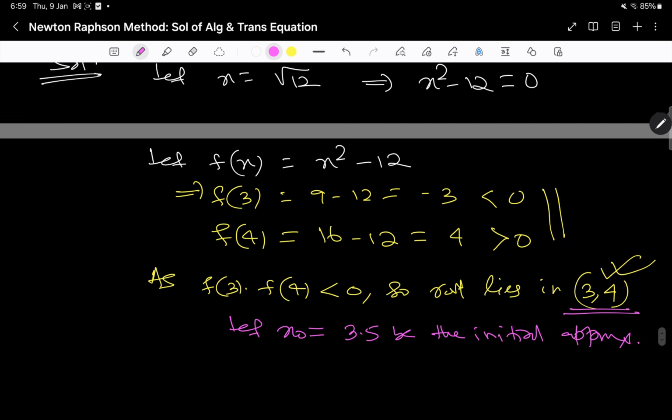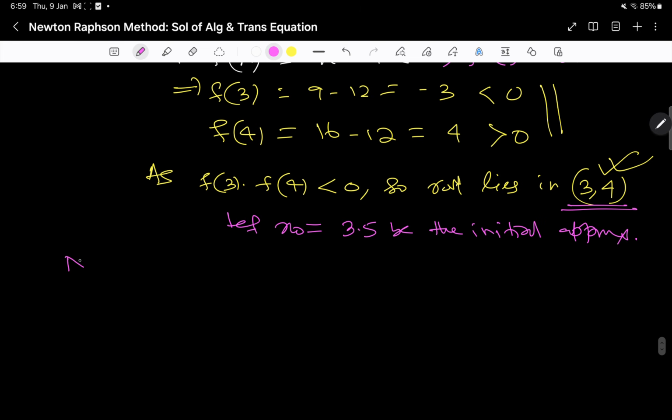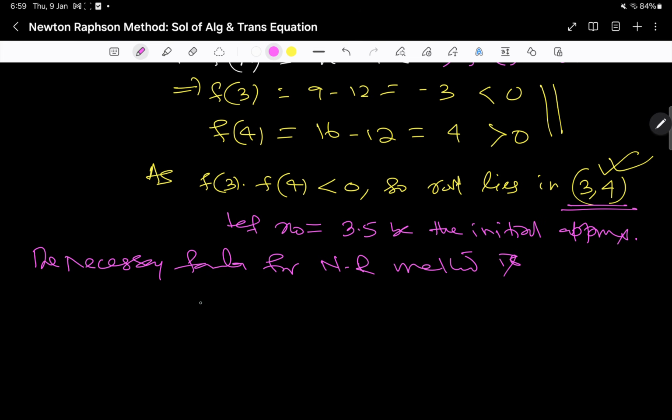right? Next, what is f dash x? I need f dash x in the formula. F dash x is 2x. So now coming to the necessary formula. The necessary formula for the NR method is x(n+1) is equal to xn minus f(xn) divided by f dash(xn), right?